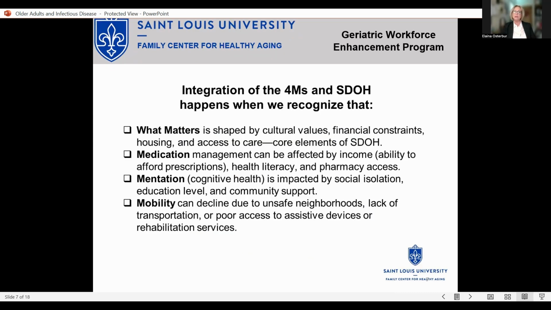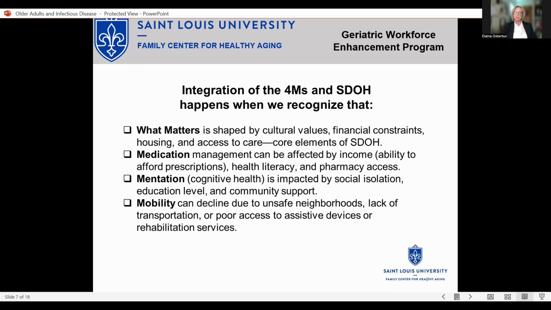So, what is the integration of the four M's and the social determinants of health? It happens when we recognize that what matters is shaped by cultural values, financial constraints, housing, and access to care, which are the core elements of the social determinants of health.